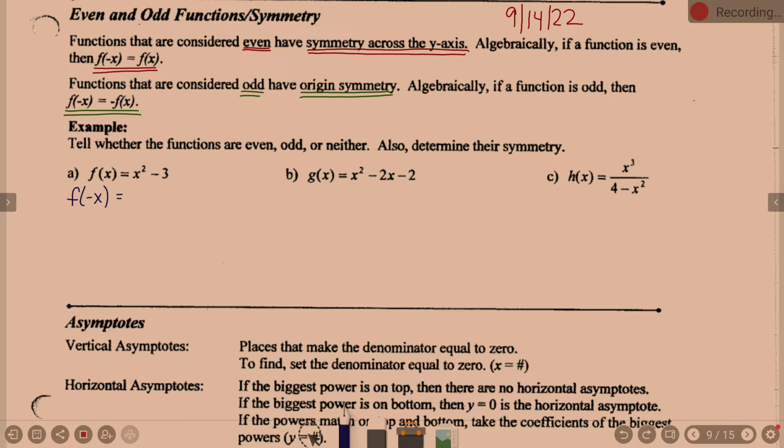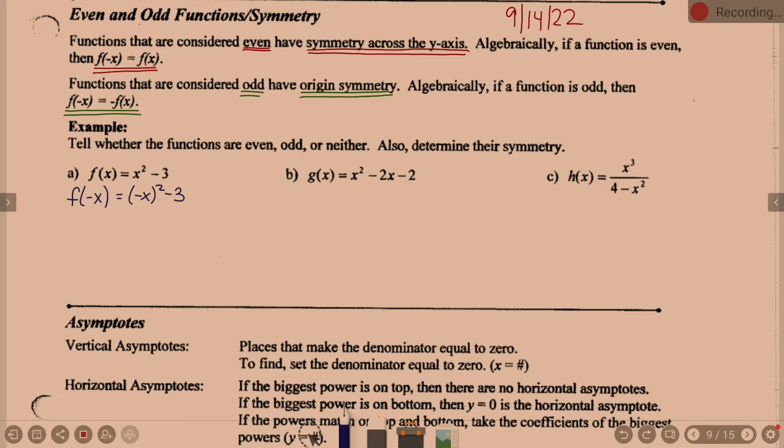F of negative x says every place I see an x, I'm going to replace it with negative x. So instead of doing x to the second, what are we replacing that x with? So we're doing negative x to the second. Tell me, what is negative x to the second?